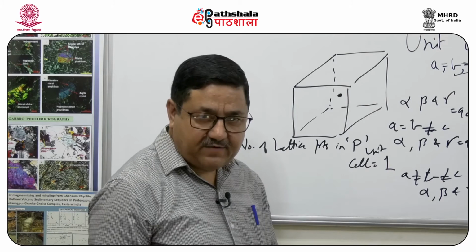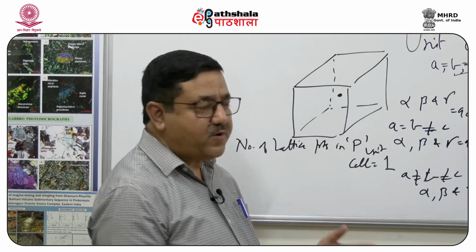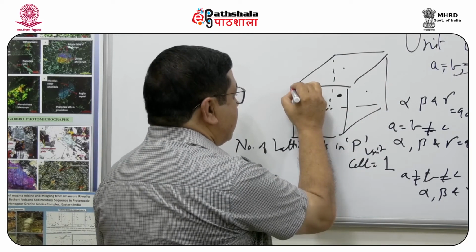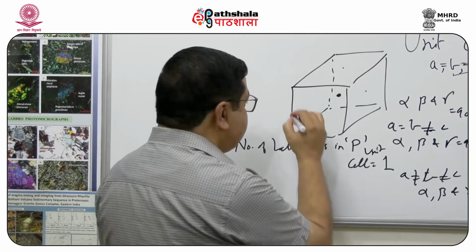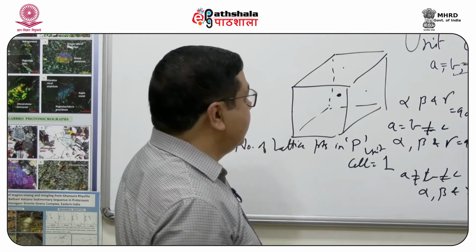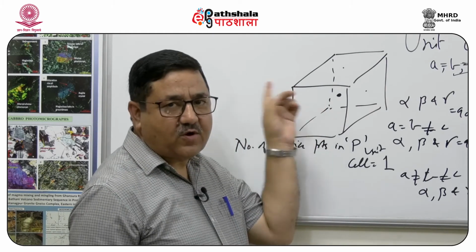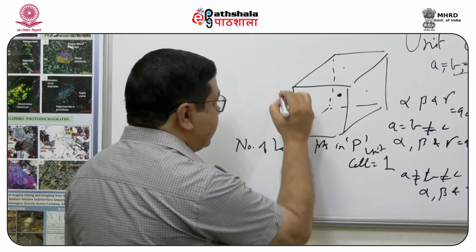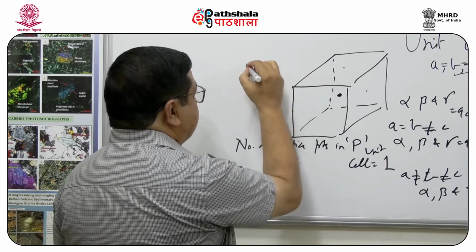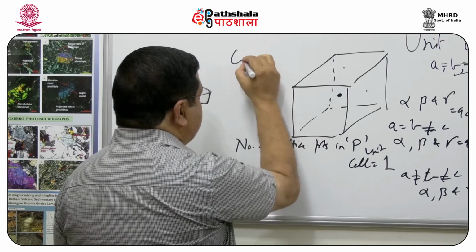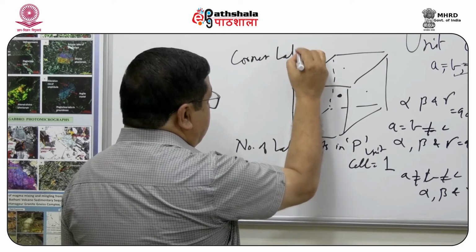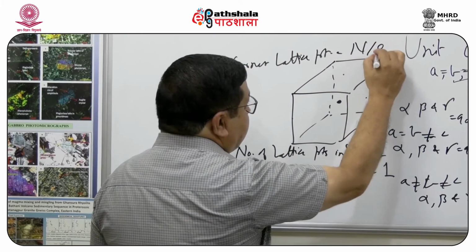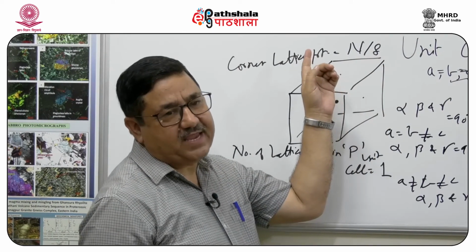In the non-primitive unit cells, the lattice points can either be on the faces, on the corners, or on the edges. The ones which are on the corners are shared by 8. So, if we have a corner lattice point, then that will be shared by 8 and its value will be n by 8.